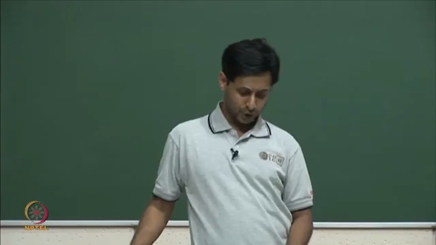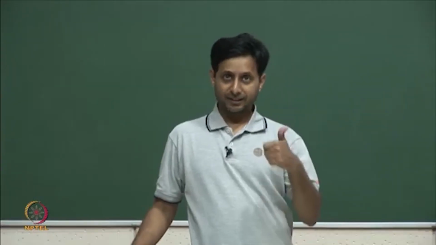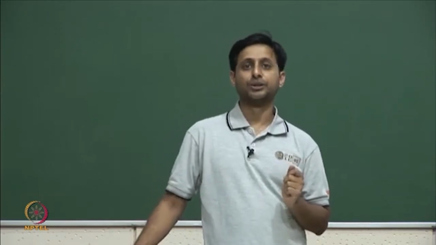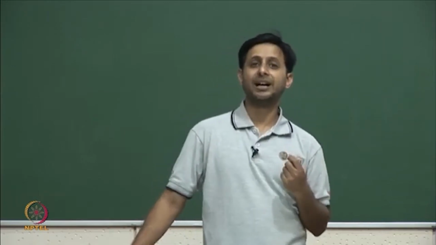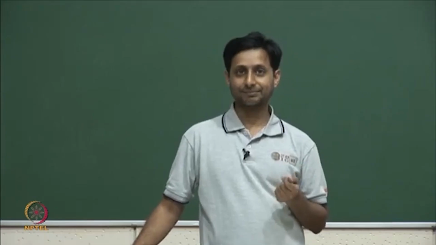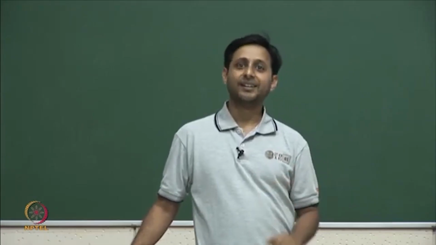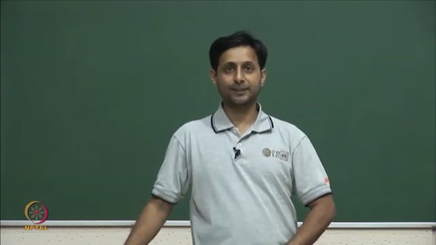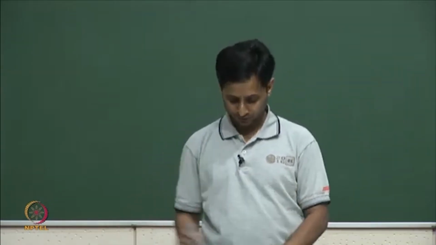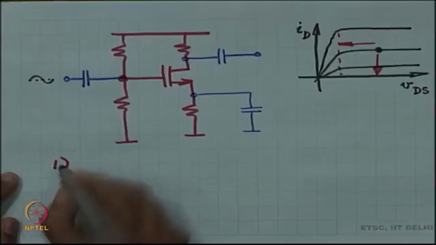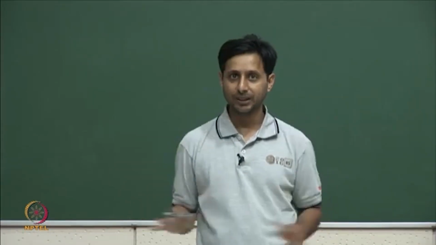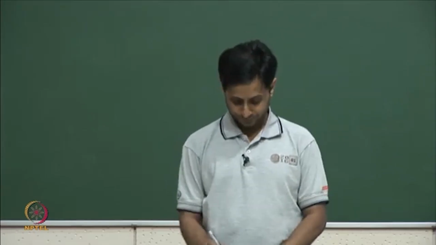So, you have to make sure that number 1, your device is in its flat region of operation, and number 2, the current through the device is more than 0 under all circumstances. So, these are the two extreme conditions. So, remember these are two and only two extreme conditions, everything is going to be depending on these two.